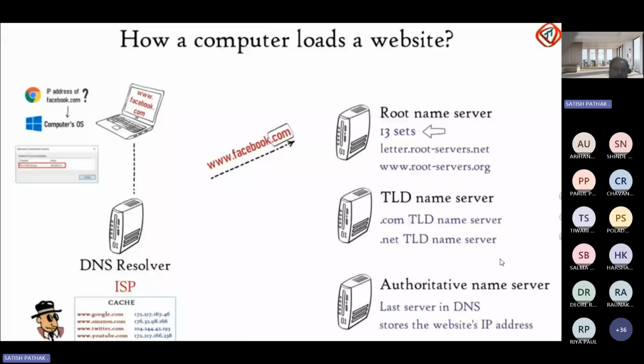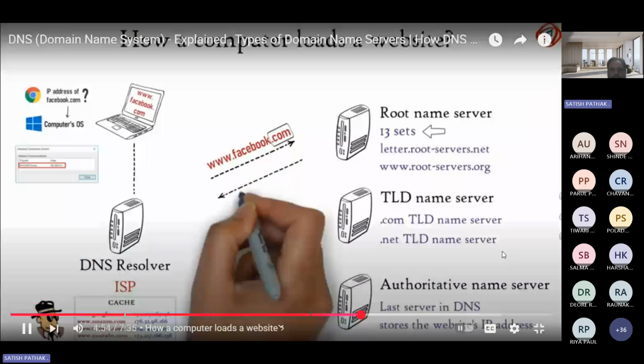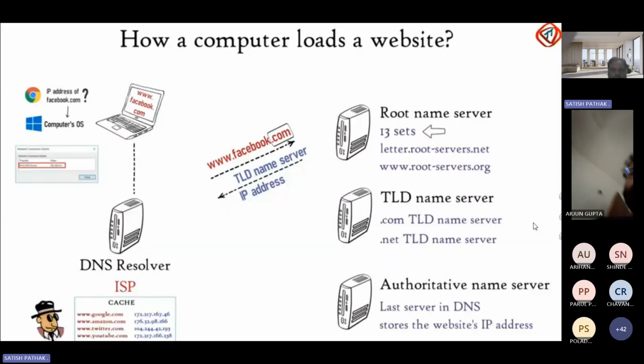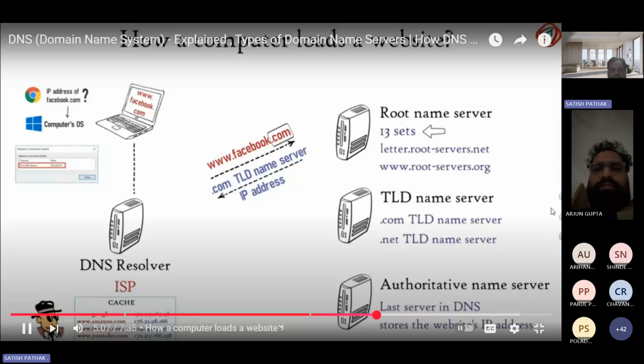Based on the extension, the root name server provides the IP address of TLD name server to the DNS resolver. In this case, IP address of .com TLD name server is provided to the DNS resolver. DNS resolver then contacts .com TLD name server, which then provides the IP address of the authoritative name server to the DNS resolver.